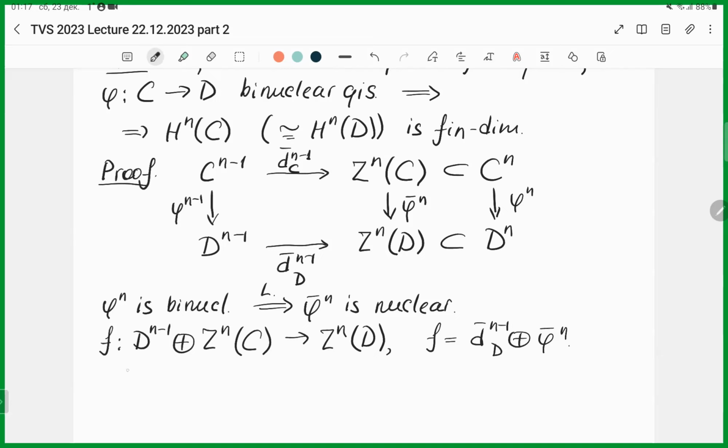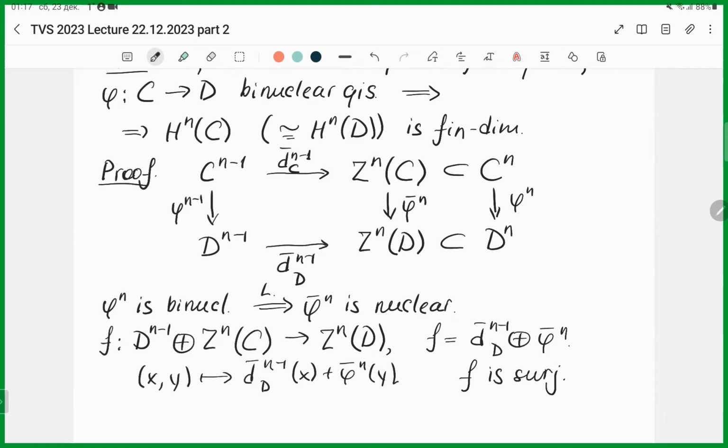More exactly, this map F takes each pair x and y to the sum of the elements d bar n minus 1 of x plus phi n bar of y. This is our map. And since phi is a quasi-isomorphism, it follows that F is surjective.